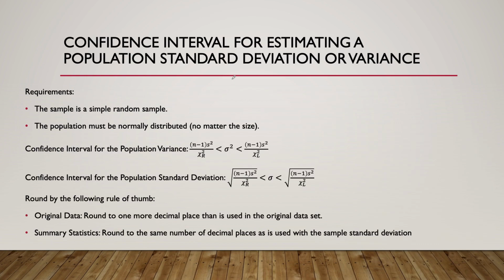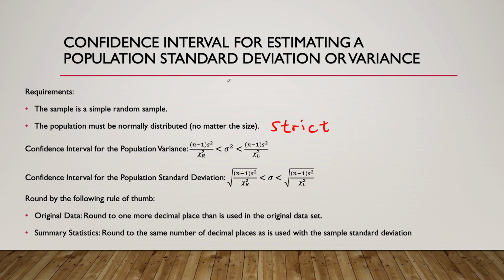The confidence interval for estimating a population standard deviation, or variance, requires a simple random sample, and the population must be normally distributed, no matter the size. This one is a very strict requirement. We can't have any other shape of the underlying population.